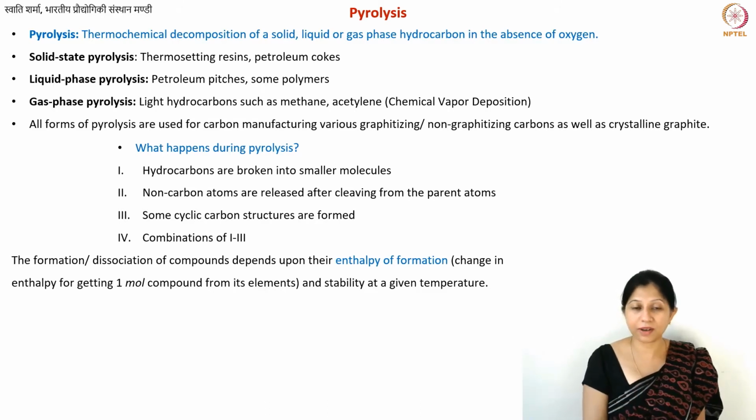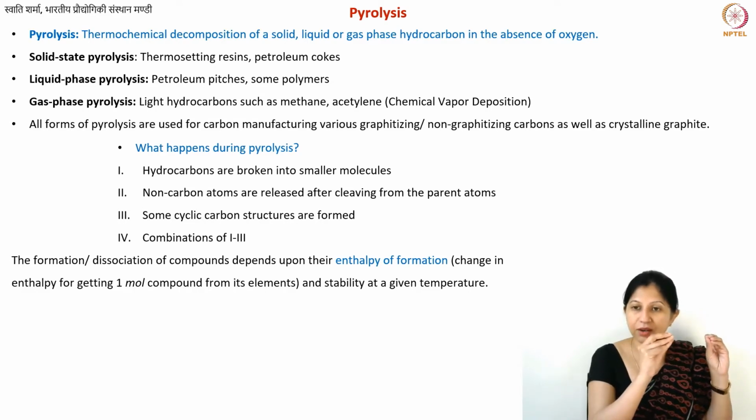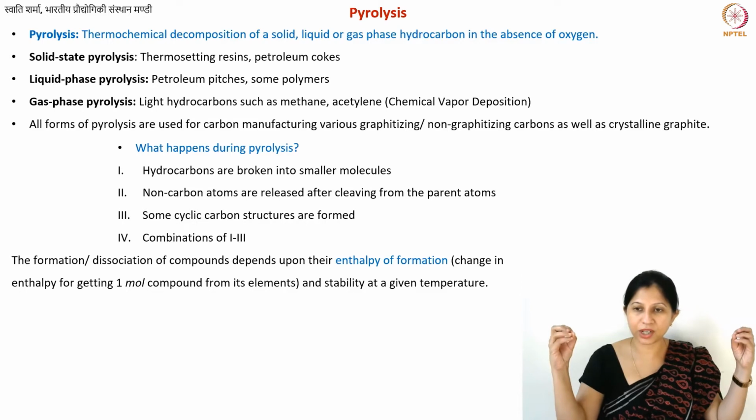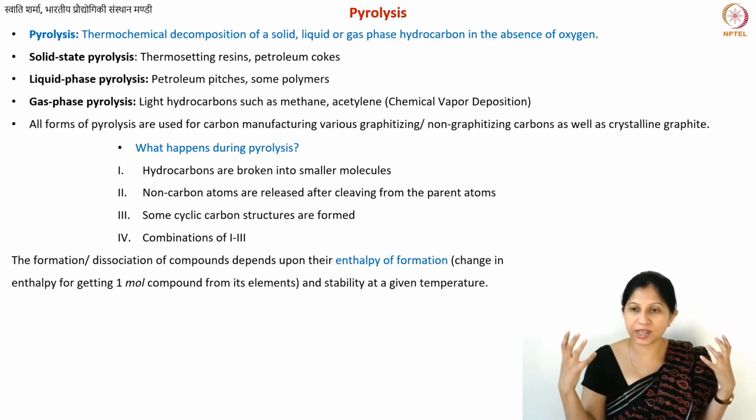So at that time also we learnt about this. Basically, again, just to remind you, this is the change in enthalpy for obtaining 1 mole of a certain compound from its elements, from its components. When they are infinitely away from each other, you bring them together and make 1 mole of the compound. The change in overall enthalpy for doing this is known as the enthalpy of formation.